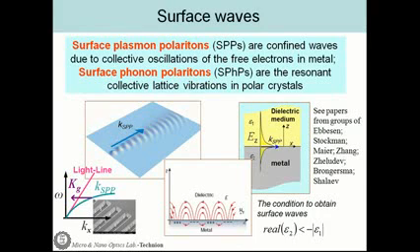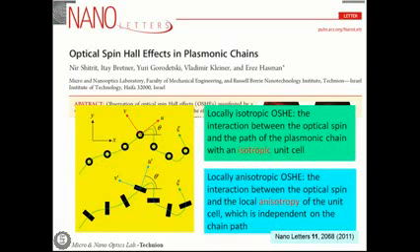Of course, the surface waves are evanescent waves, and in order to couple the evanescent wave into a propagating wave, we must satisfy momentum matching, and it is possible to satisfy it by using a periodic structure. First, we studied the optical spin-Hall effect in plasmonic chains.